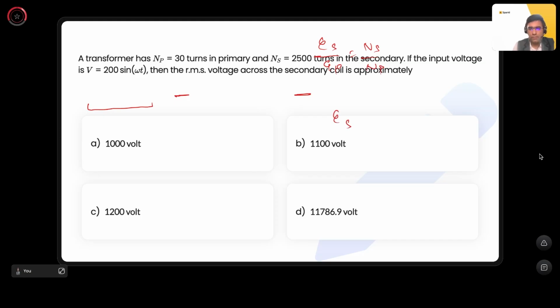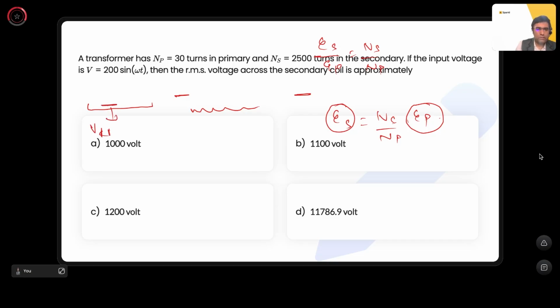So ES will be equal to NS upon NP into EP. We have to find the RMS voltage, so we have to put the primary in RMS as well. This is V naught, so V RMS will be equal to V naught upon root 2, so it will be 200 upon root 2.